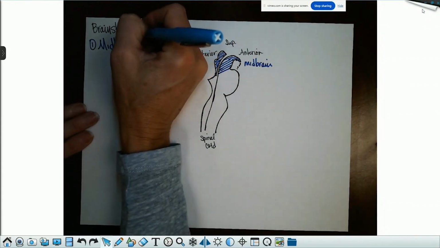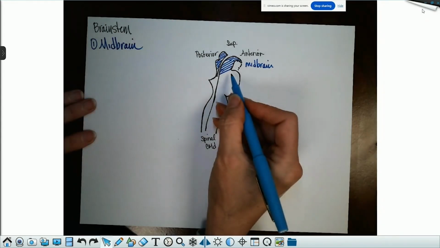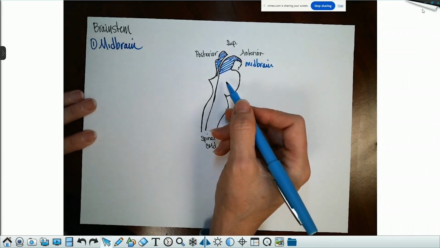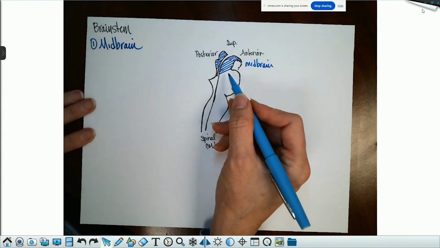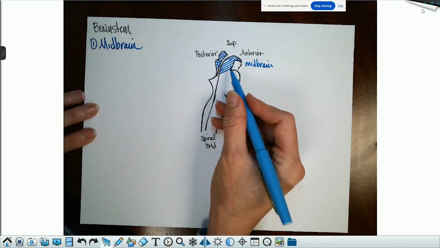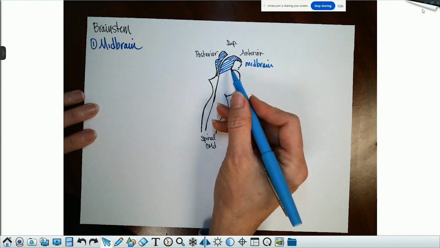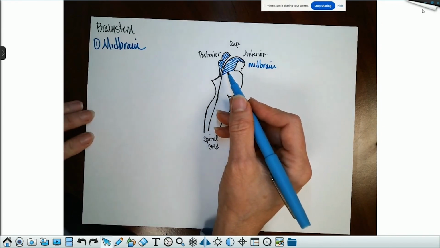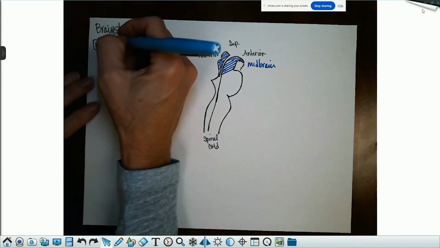All parts of this are connected with the hindbrain, which is the cerebellum. They're all connected through here. All parts of the forebrain, which is your cerebrum, are connected through here, through the midbrain.